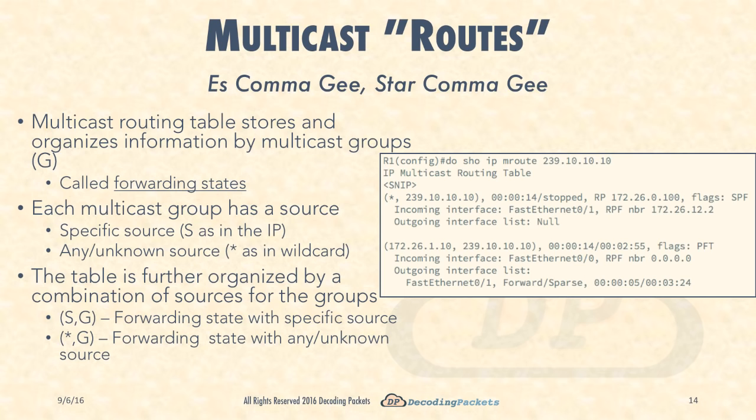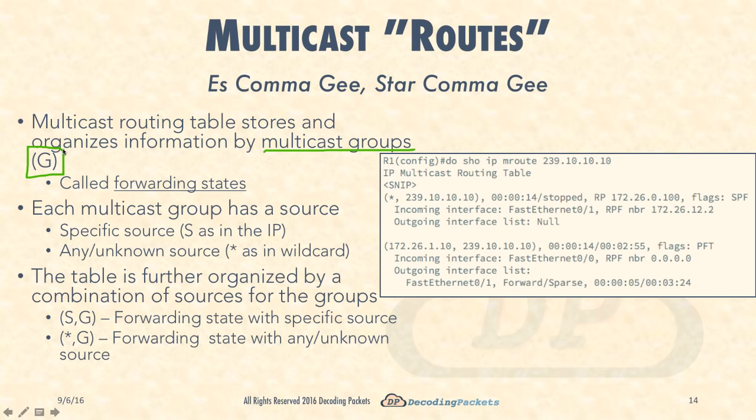So let's look at the multicast routing table. First of all, we have to find what sort of information is being stored inside that multicast routing table. So really, a multicast routing table, somewhat like a unicast routing table, stores and organizes information in some fashion. In this particular case, the organization of the multicast routing table is by the groups.